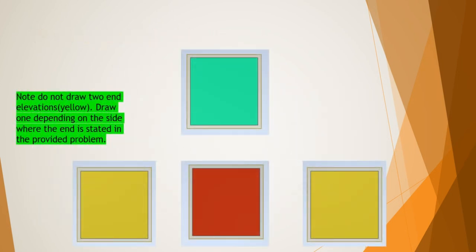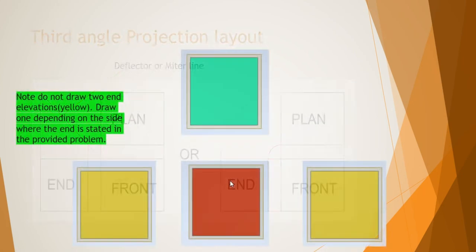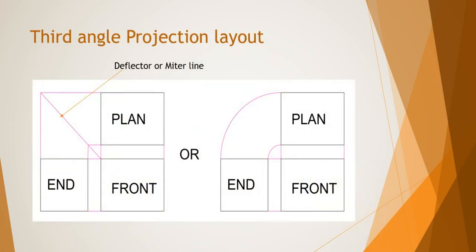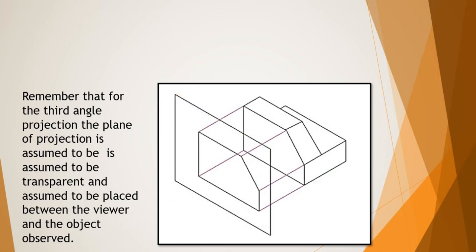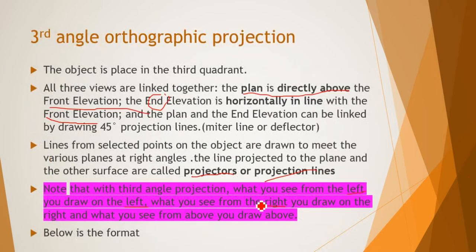Just a note to the learner: when doing your drawings, it is advisable that you do not draw both the ends. This will be our end elevations, but you are not supposed to draw both of them. You are only required to draw one, depending on the rule that you have used here, where the object drawn on the left is drawn on the left.